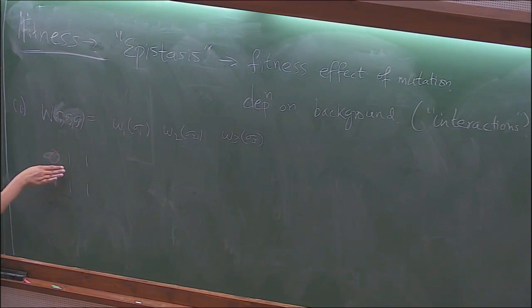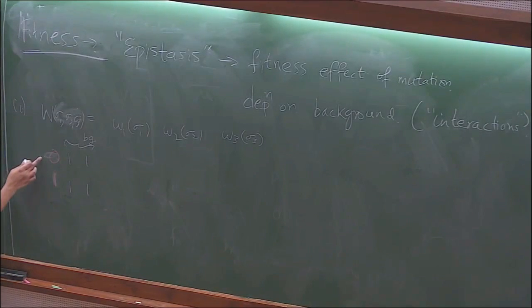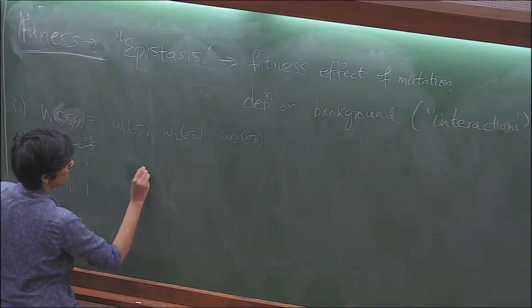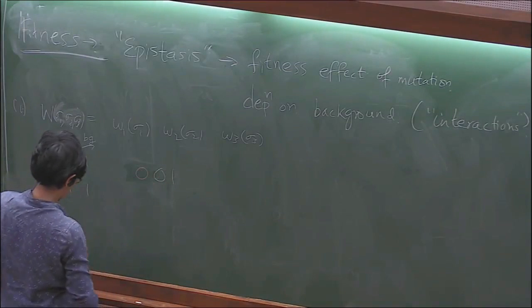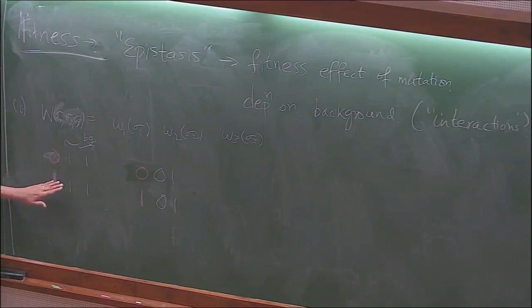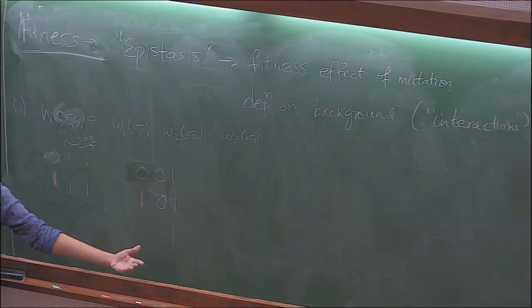This is the mutation. The rest of the loci are what I mean by background. When I do this mutation, if the ratio of the fitnesses does not depend on whether I have a 1, 1 here, or a 0, 1 here, or the other two combinations, then I would say there's no epistasis, there's no interaction.